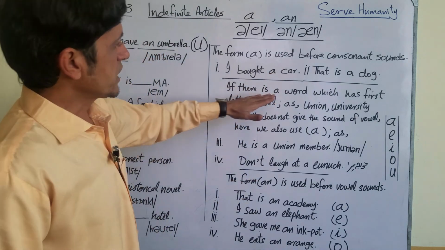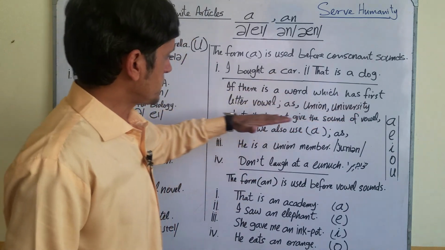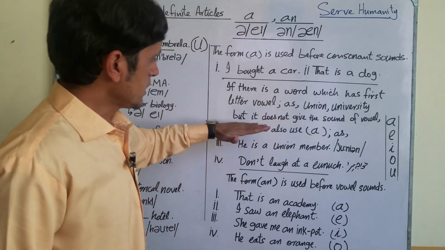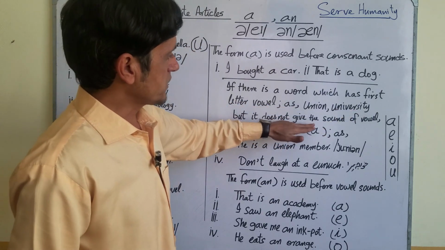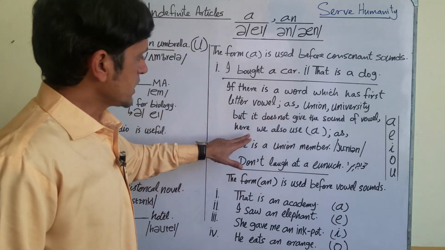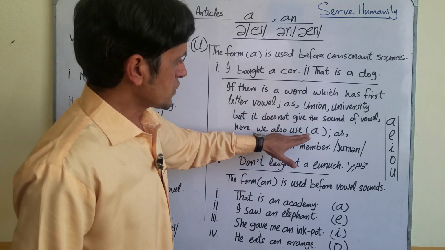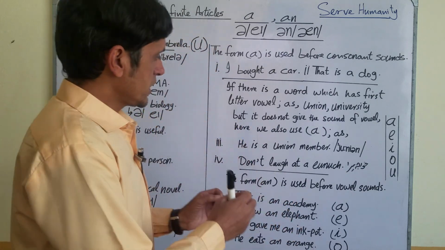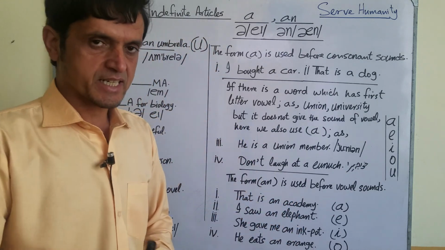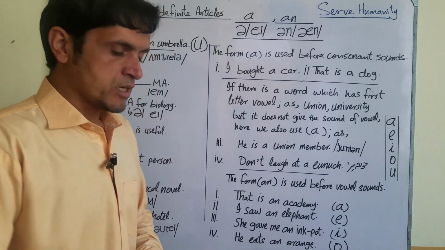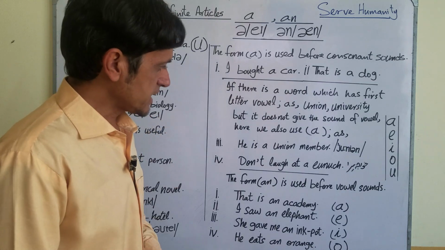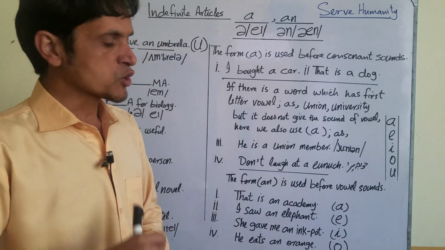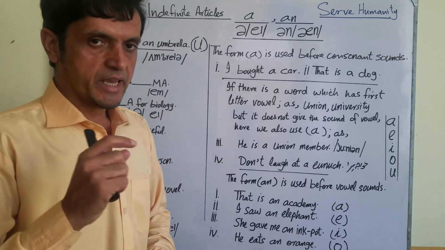Okay, if there is a word which has a vowel as its first letter, as in union, university, but it does not give the sound of a vowel, here we also use a. We have some words which have a vowel as the first letter, but despite that, it does not give the sound of a vowel, so we cannot write an with them.